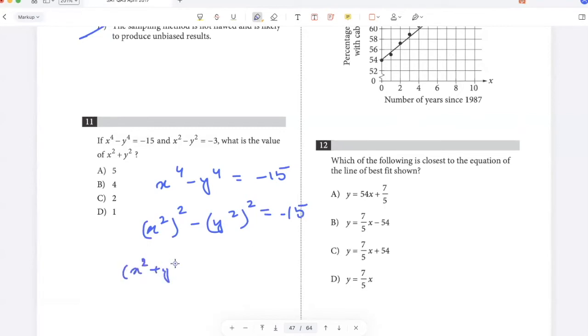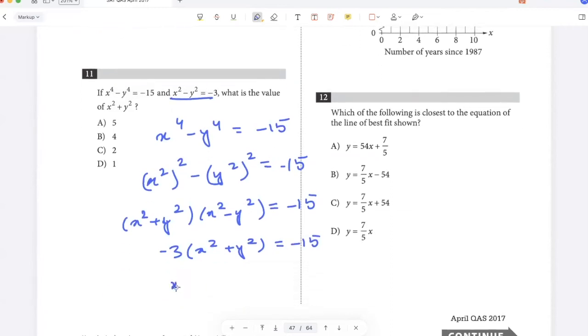So (x square plus y square) times (x square minus y square) is negative 15. x square minus y square is given as negative 3. So negative 3 times (x square plus y square) is negative 15. So x square plus y square is 5. So A.